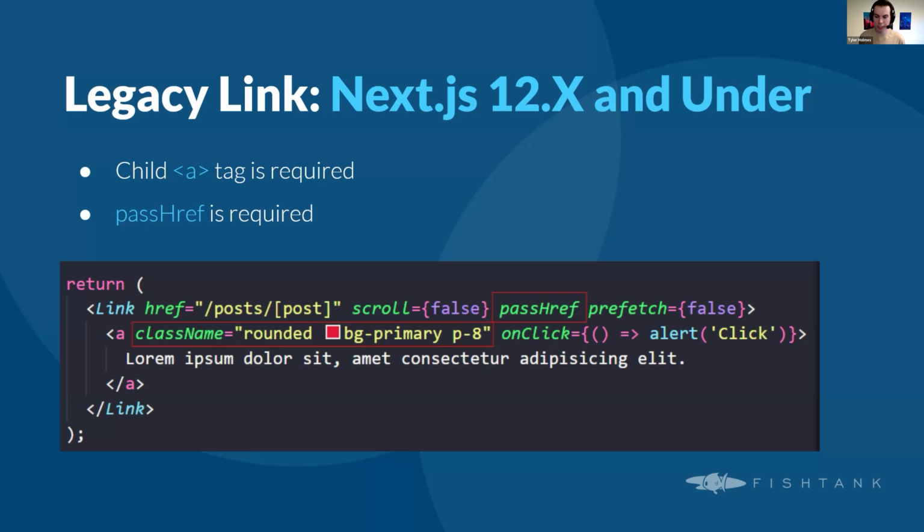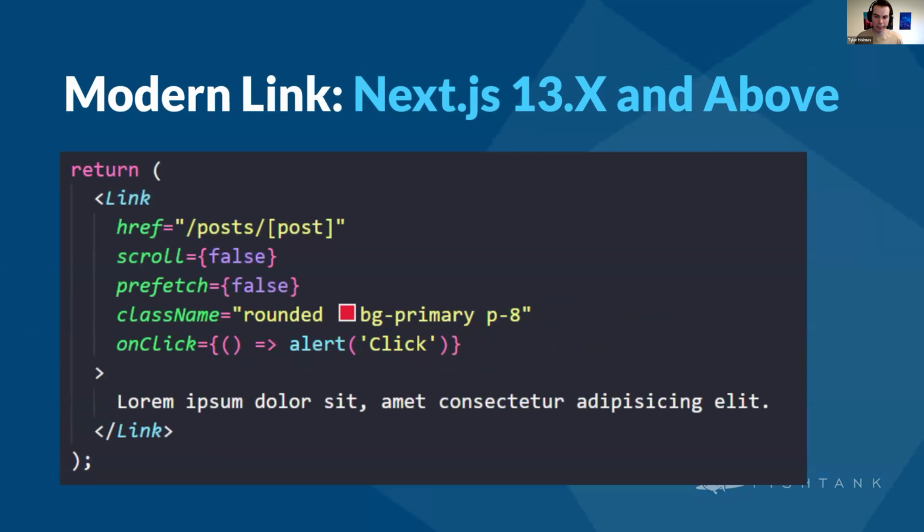So you can enable this functionality in Next.js 13 and above by using the legacyBehavior attribute, but there's no real reason to, because the modern Next.js link is so much better overall. There was actually nothing more fun than spending hours going through all of my links on my Next.js 12 projects to make sure they worked correctly after updating to Next 13.